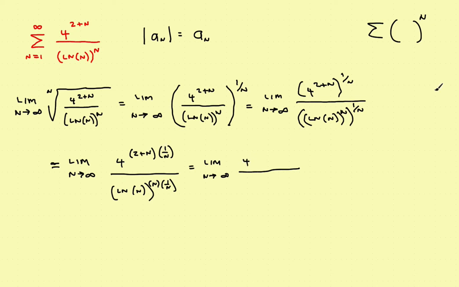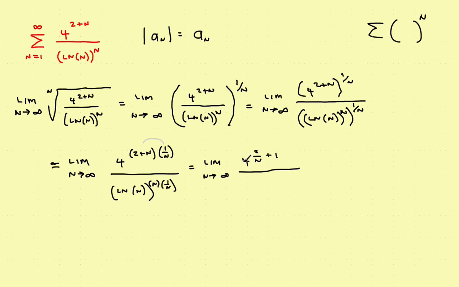4. And what you're going to do here is go ahead and distribute this 1 over n. So I'll have 1 over n and 1 over n. So what that's going to be would be 4, and this will turn out to be 2 over n. So 2 over n plus, now this will turn into a 1.